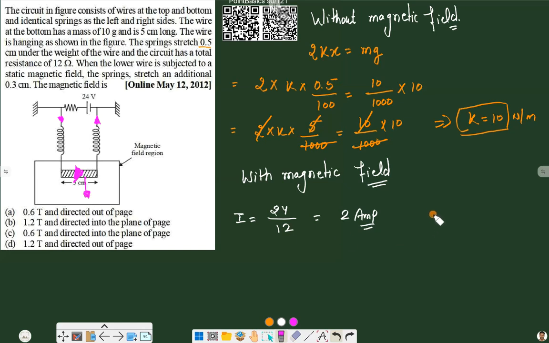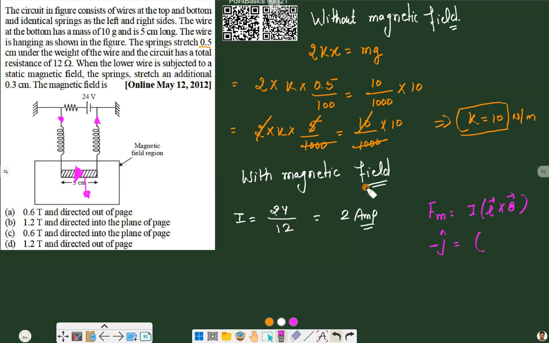Now we know that for a current carrying conductor, the magnetic force is given by I into L cross B. Now we are only looking into direction. So the direction of magnetic force is minus y, or negative j.